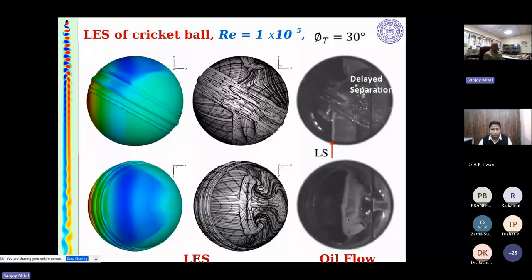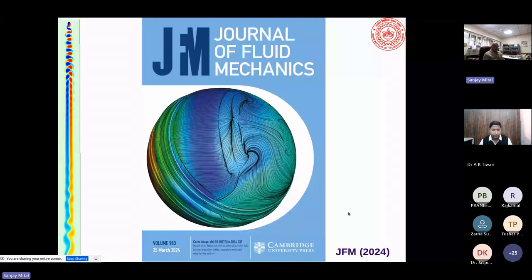The CFD results are the first two columns, just different orientations. The blue color shows the pressure suction, and you can see the LES studies very nicely reproduce what is seen in the experiments. In fact, this appeared on the cover page of JFM if you are interested in this article.